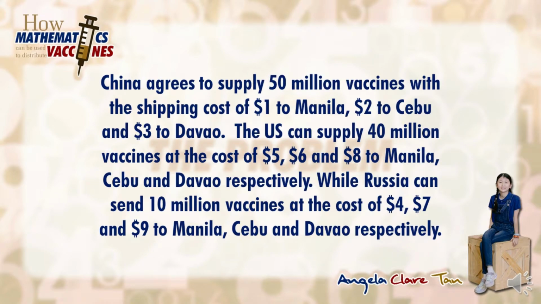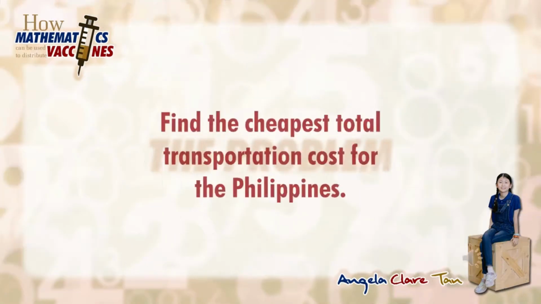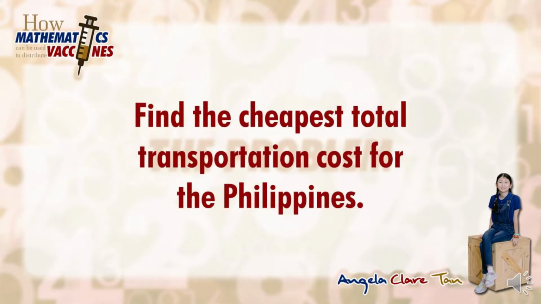The US can supply 40 million vaccines at the cost of $5, $6, and $8 to Manila, Cebu, and Davao, respectively, while Russia can send 10 million vaccines at the cost of $4, $7, and $9 to Manila, Cebu, and Davao, respectively. Find the cheapest total transportation cost for the Philippines.